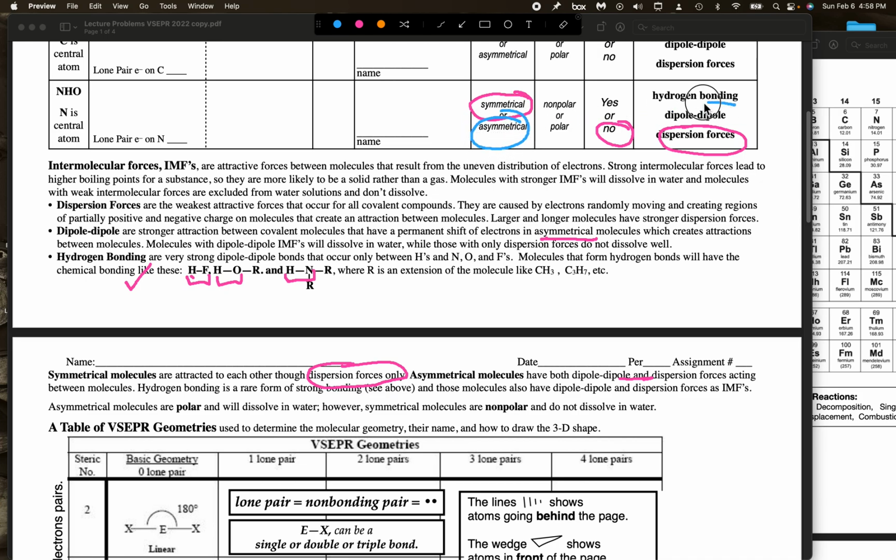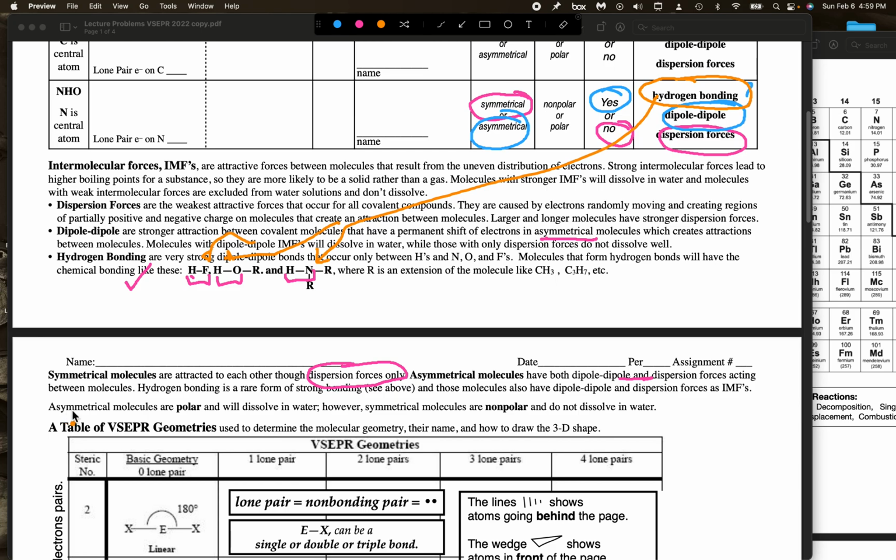Asymmetrical has dipole-dipole and will dissolve in water. And then this hydrogen bonding is only dependent on looking for these particular bonding types, right? So if you see these bonding patterns, then you can say there's hydrogen bonding.